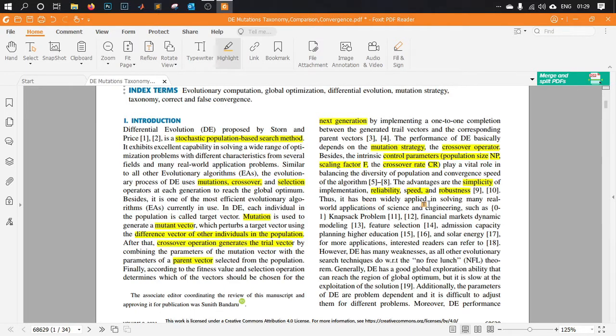I have actually seen the differential evolution algorithm to be one of the fastest algorithms as compared to all the other algorithms, and it has been applied to a wide range of problems. Like here we can see that it has been applied to the knapsack problem, financial market dynamic modeling, feature selection, admission capacity planning for higher education, and solar energy. So there are a lot of applications of differential evolution.